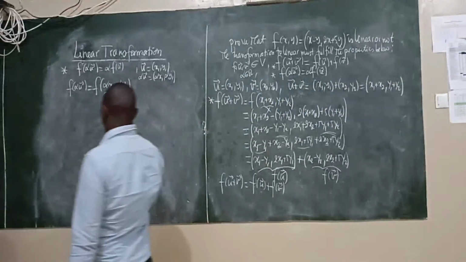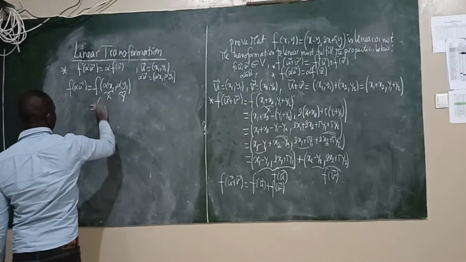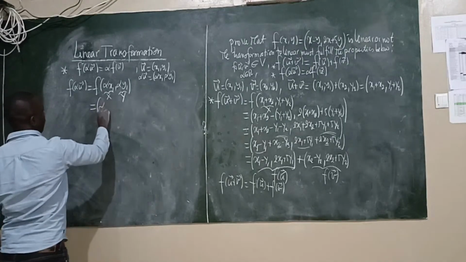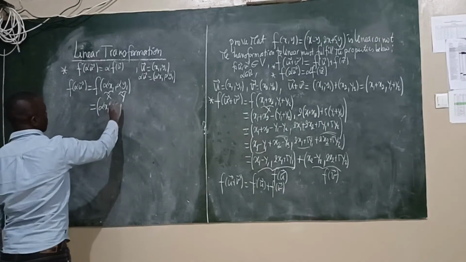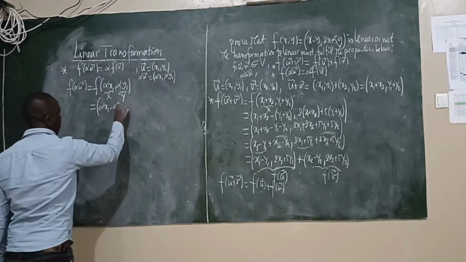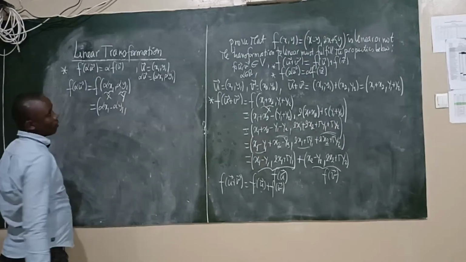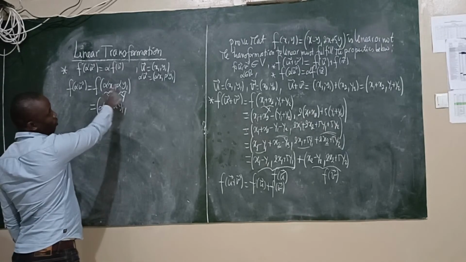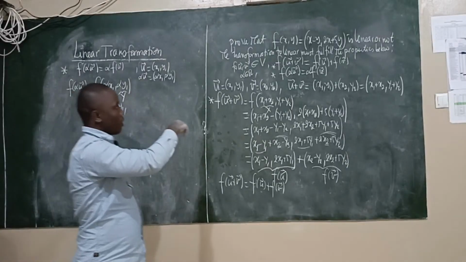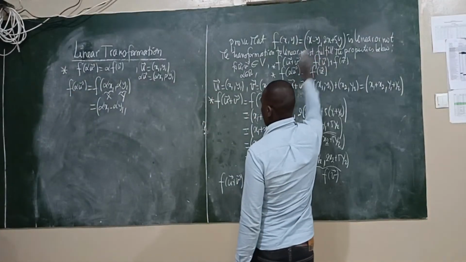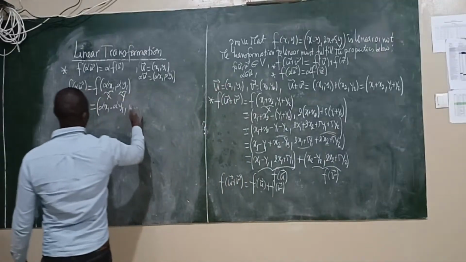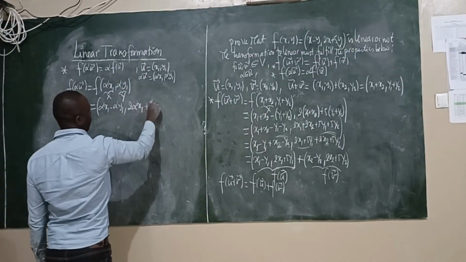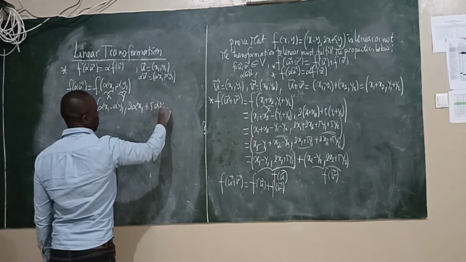That's why, instead of having x, we have alpha x1 minus alpha y1, comma, and this alpha x1 will be replacing x. That's why here we have 2 times alpha x1 plus 5 times alpha y1.